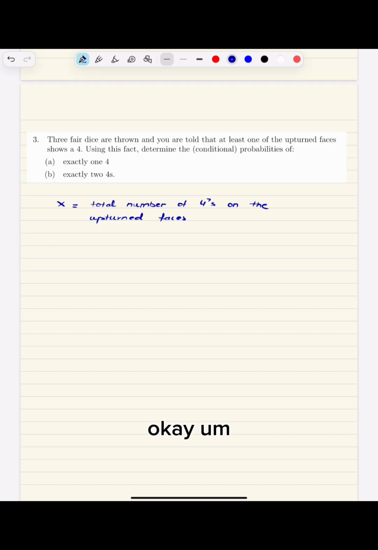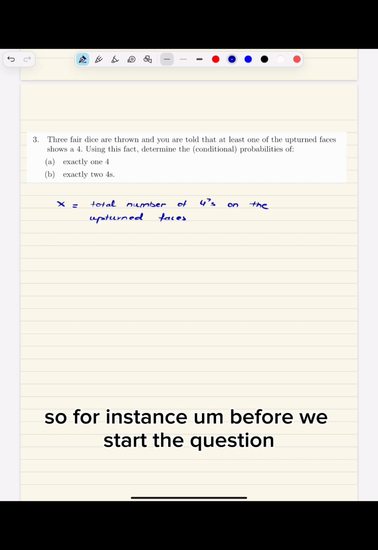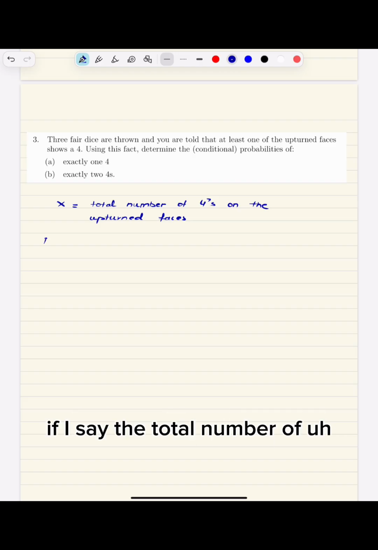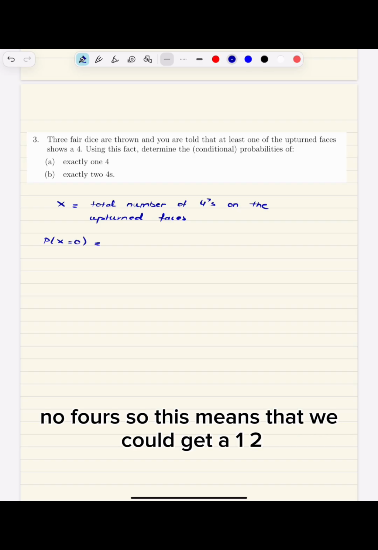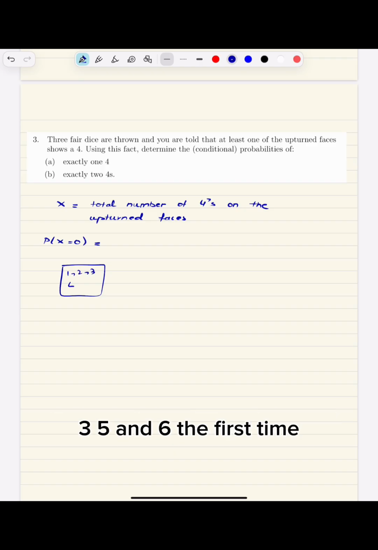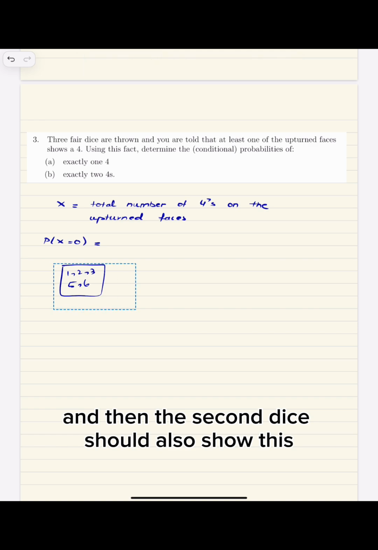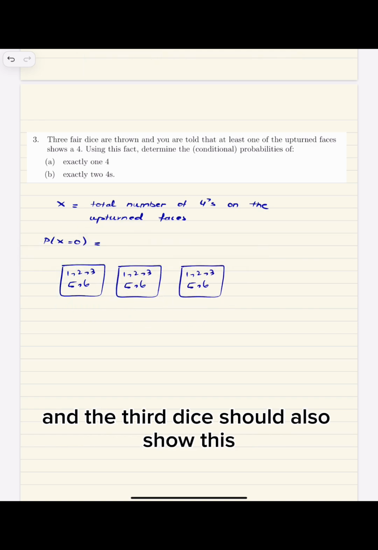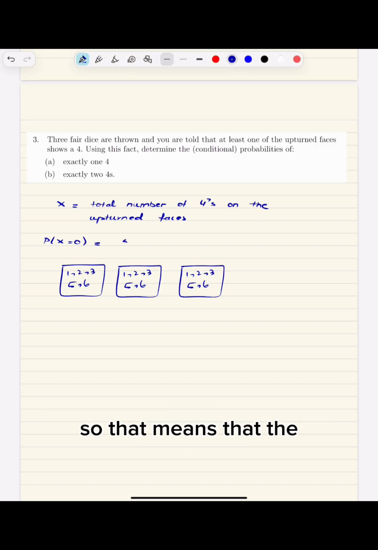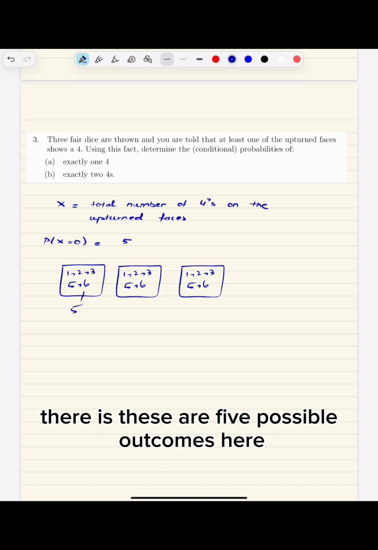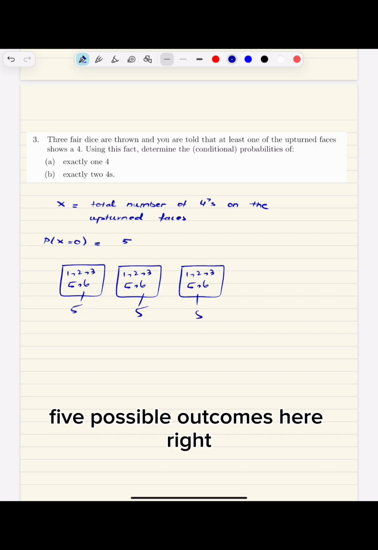So for instance, before we start the question, if I say the total number of 4s is 0, no 4s, this means that we could get a 1, 2, 3, 5 or 6 the first time, and then the second die should also show this, and the third die should also show this. So these are 5 possible outcomes here, 5 possible outcomes here, 5 possible outcomes here.